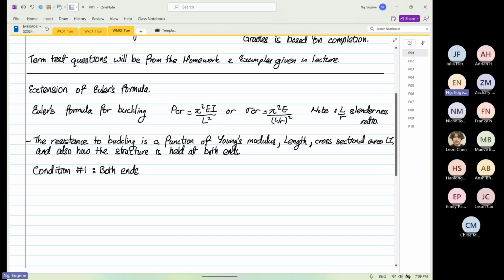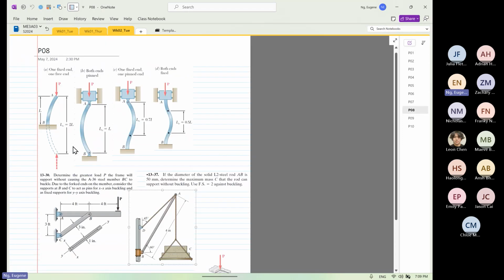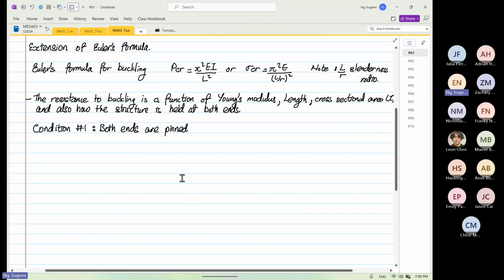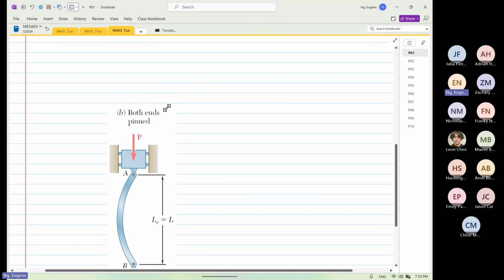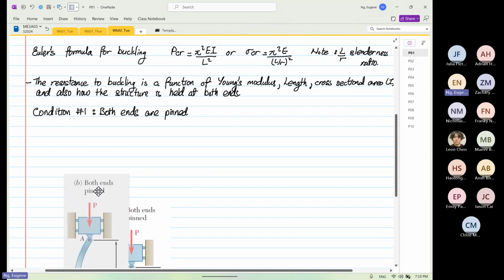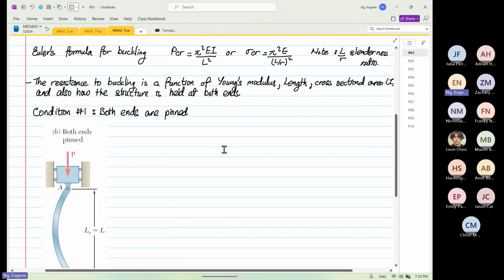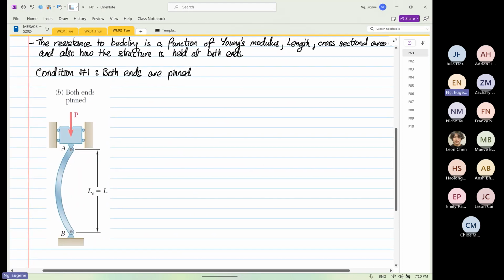Both ends are pinned. So if both ends are pinned, we are going to look into this diagram over here. Both ends are pinned, and we have derived this before. So this is an example of both ends pinned. So what is the difference? Okay, let me highlight what is the difference.